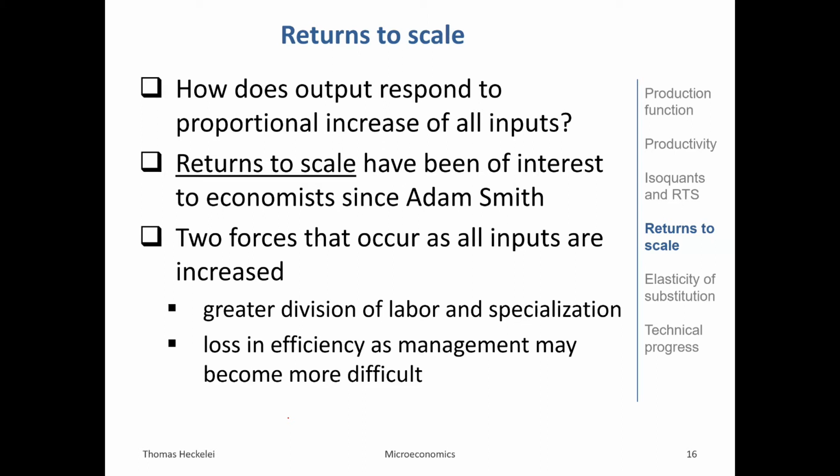So we have to keep in mind two things might happen simultaneously when such an upscaling happens. The first thing is that it gives you greater resources to specialize the production. For example, if you have more labor, then you can have more divisions of production, and because of that, each division can specialize in a certain phase of production. That would mean a gain in efficiency, right?